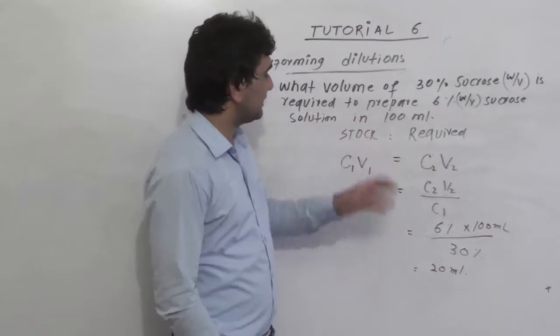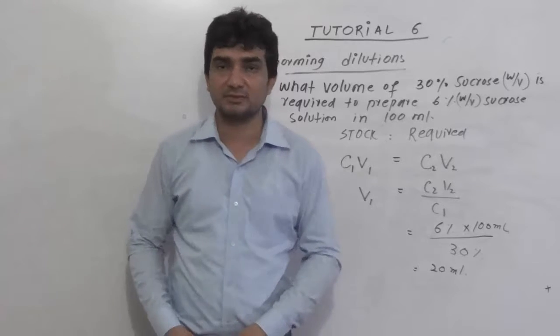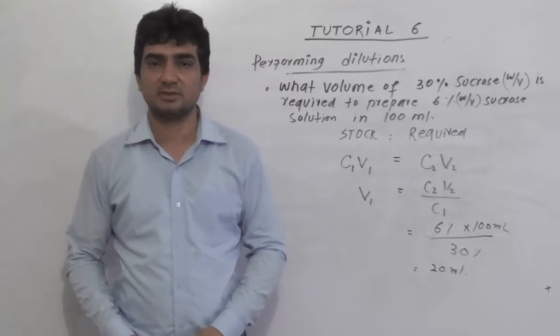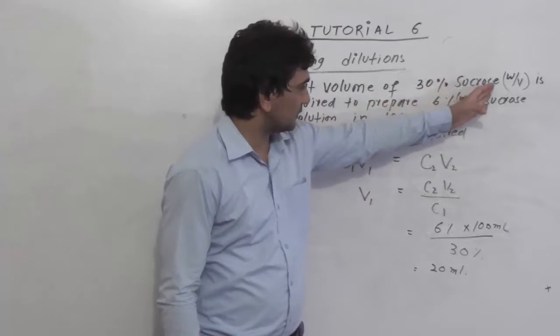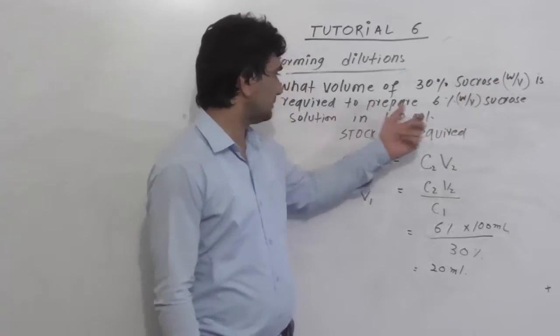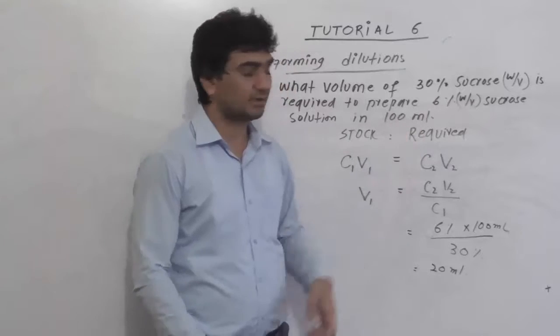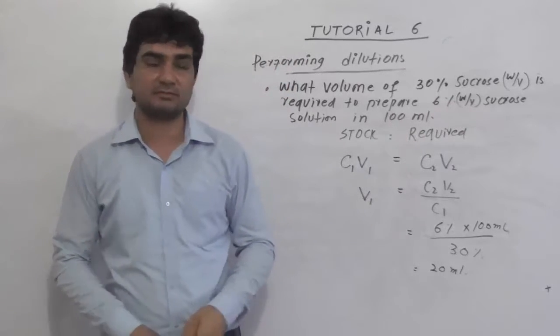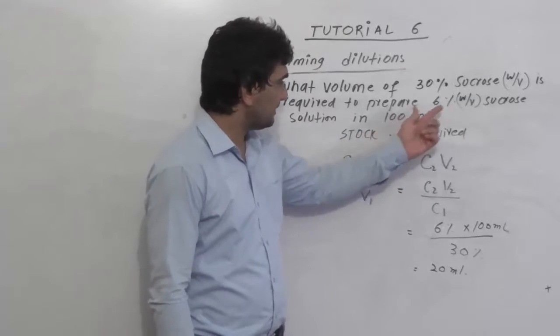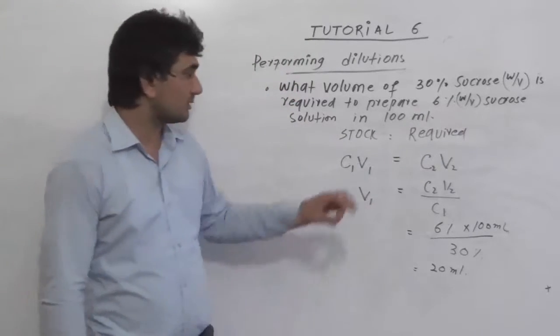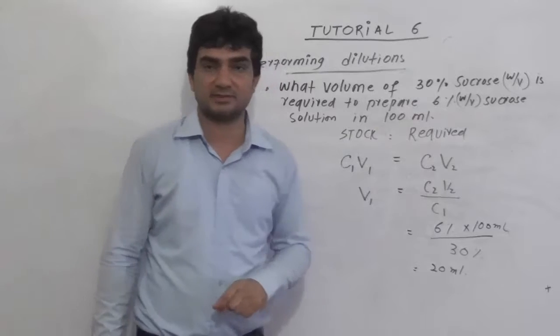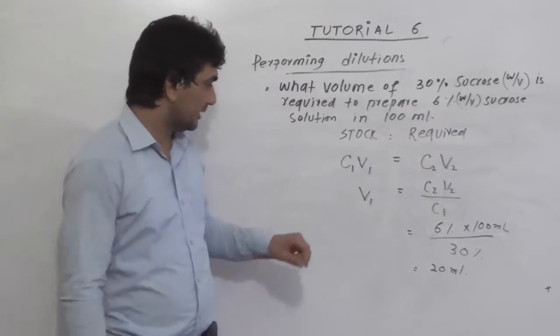This is our third example in which we have a stock solution with a weight by volume percentage concentration, and it asks what volume of 30% sucrose, weight by volume, is required to prepare 6% sucrose in 100 ml. So we have 100 ml required volume and 6% is the required concentration. And our stock solution has a concentration of 30% weight by volume.